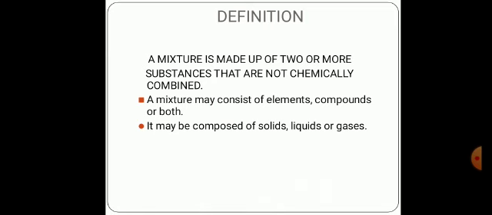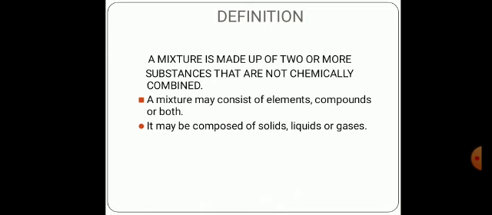A mixture is made up of two or more substances that are not chemically combined. Recall the definition of the compound. In compound, we studied that elements combine together in a fixed ratio by mass, when different types of elements are chemically combined together.